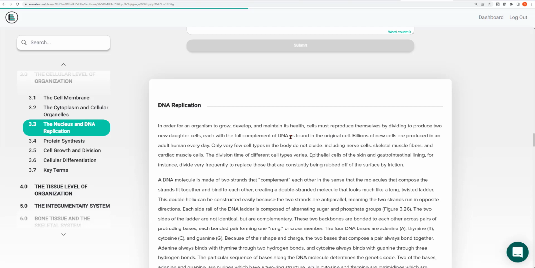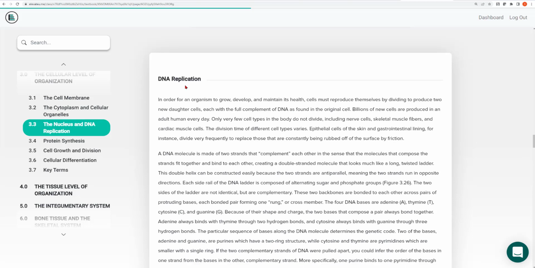We want replication to be identical. The problem is replication is never perfect. And as our cells divide, small changes are introduced into the replication process. Over time, these small changes accumulate into bigger changes, and these changes are called mutations, right? Muta means change. So mutations are changes in the DNA.